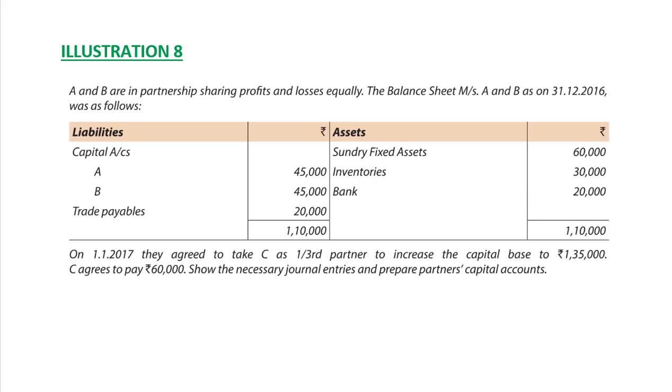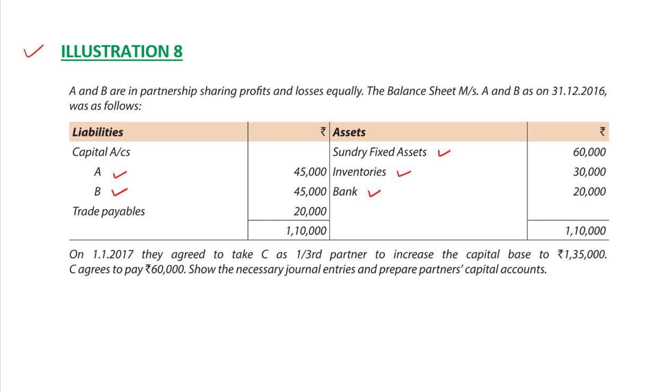Next question, illustration 8. A and B are in partnership sharing profits and losses equally. The balance sheet of Messrs A and B as on 31st December 2016 was as follows. Assets: sundry fixed assets 60,000, inventory 30,000, bank 20,000.